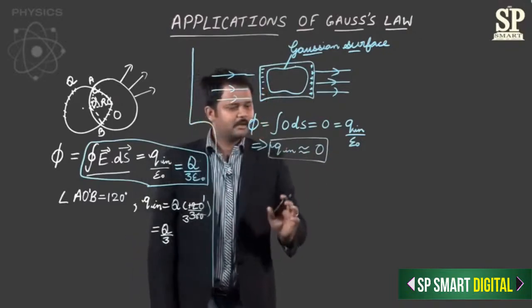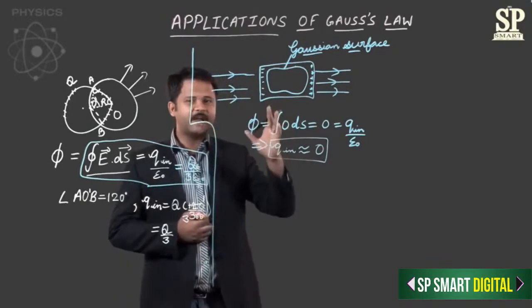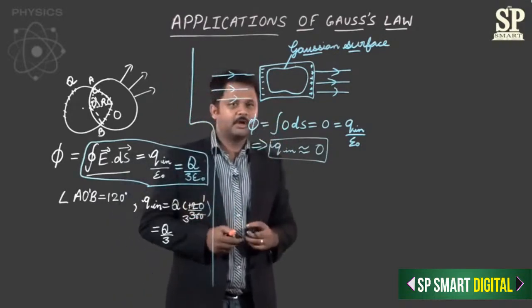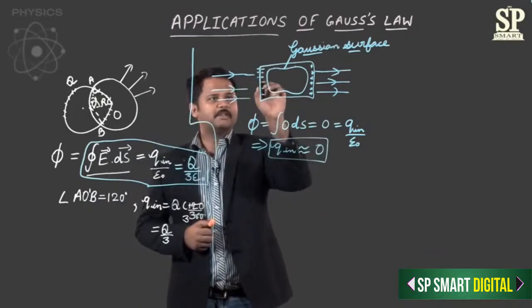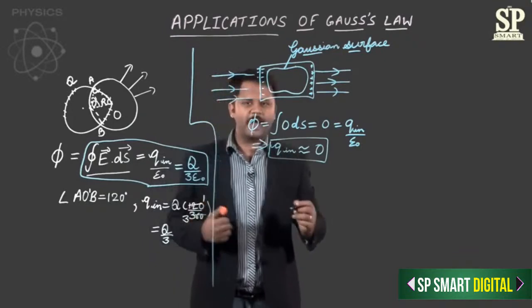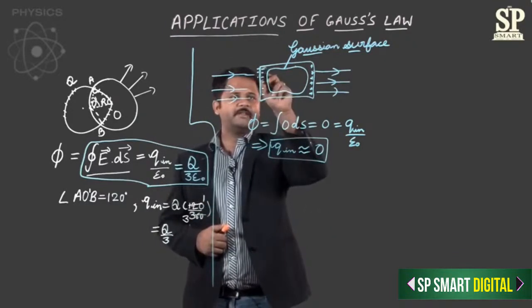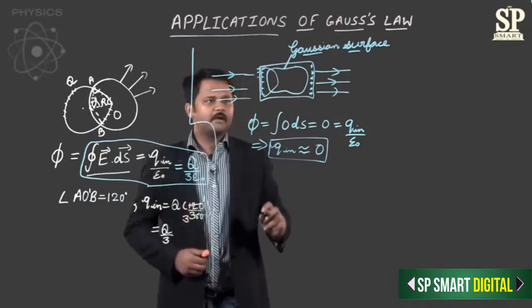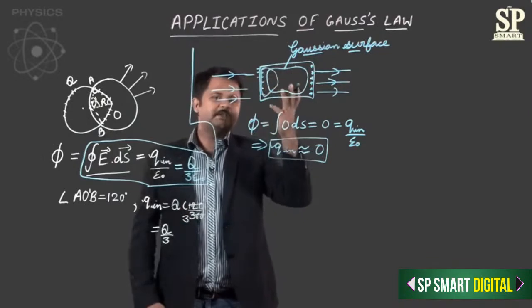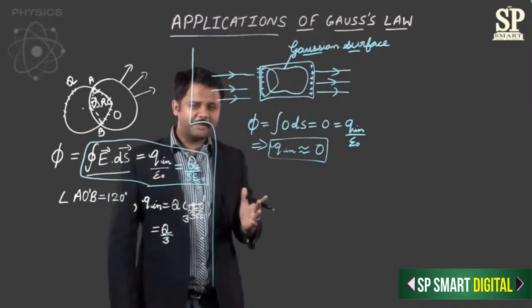This says that in a conductor there can be no charge residing inside the volume of it. All the charges have to appear in the outer surface, not even in the internal surface. Why? Because had it been appearing here, we could have taken this particular Gaussian surface like this, and then we would say that since there is charge enclosed by this surface, then the electric flux should not be 0.